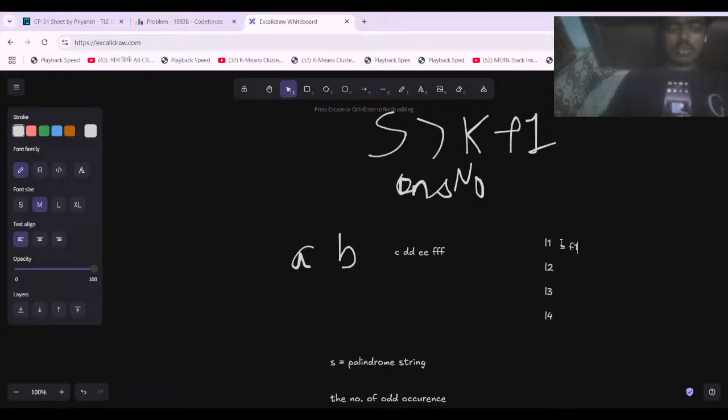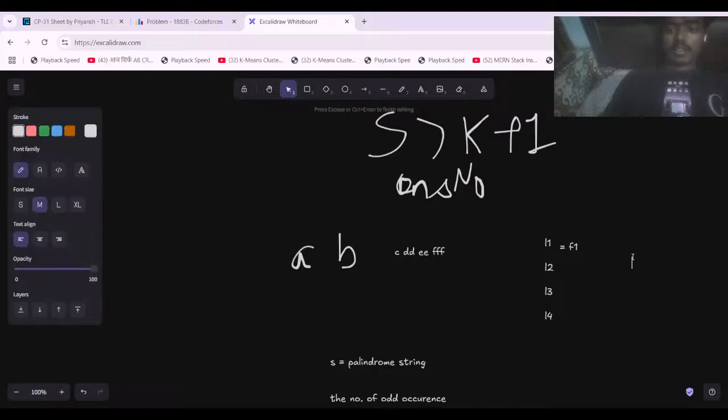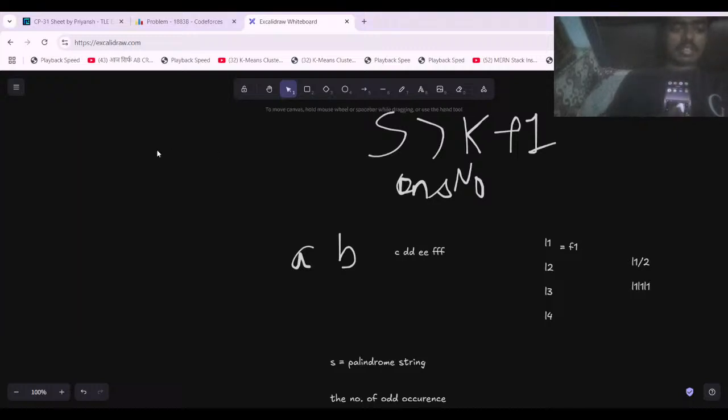So what can I do? I can put F1 by 2 letters at the start, and F1 by 2 letters at the end. For example, three letters L1, L1, L1 over here and three letters over there, which means the frequency was 6, of course even.